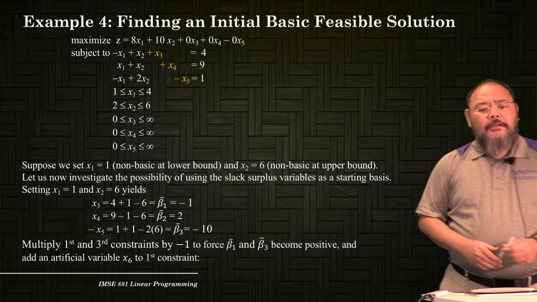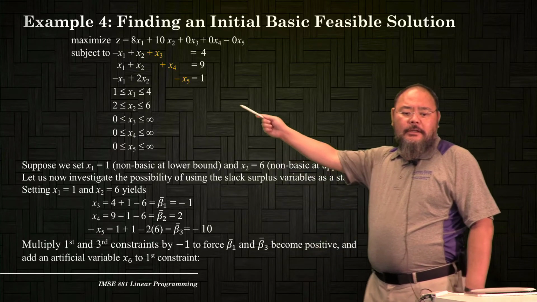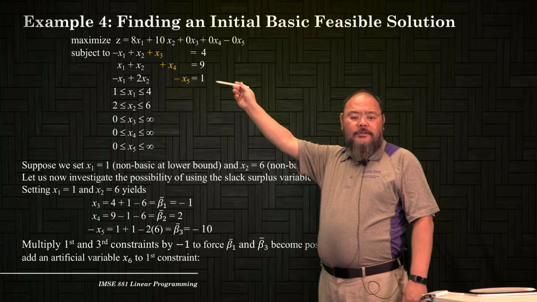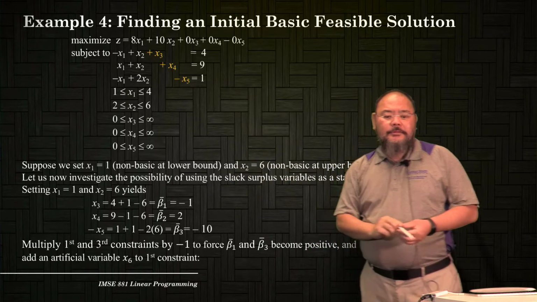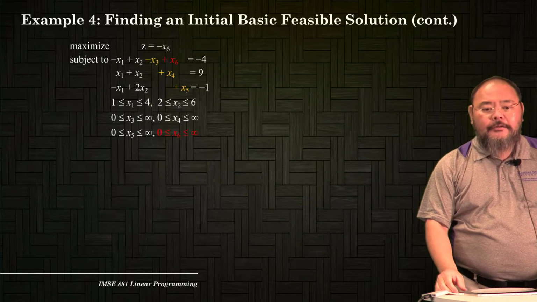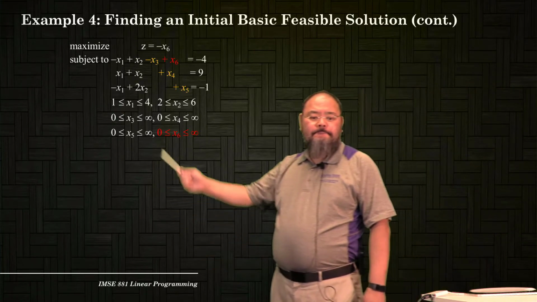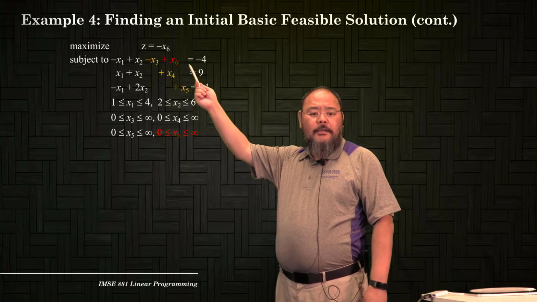We multiply the first and the third constraints by -1 to force the right-hand side to become a positive value to begin with. So we add artificial variables, x6, right here.